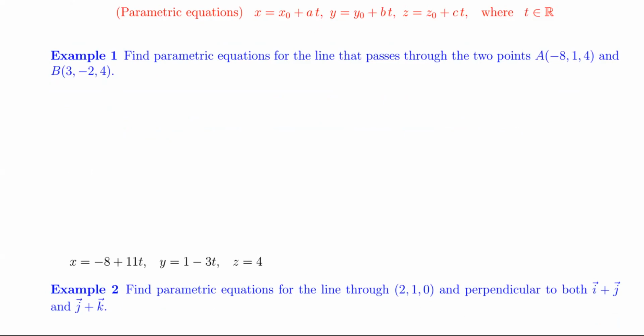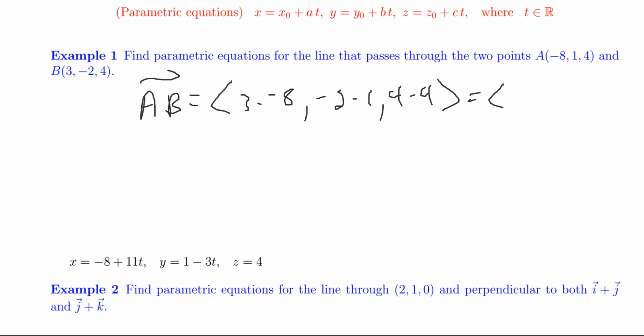So we can find the vector AB. That is given by 3 minus -8, comma, -2 minus 1, comma, 4 minus 4. This is the vector (11, -3, 0).